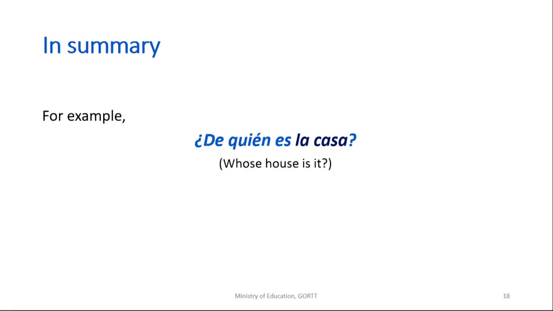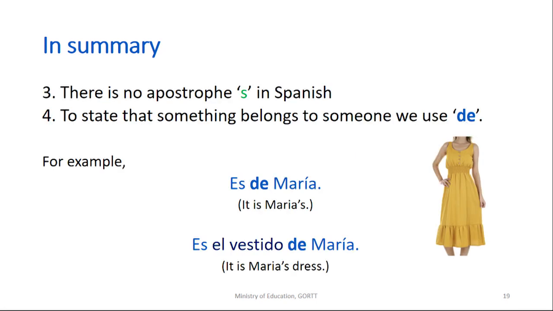So, for example, whose house is it? ¿De quién es la casa? Very important, and we must remember this. There is no apostrophe S in Spanish. We learned also that to state that something belongs to someone, we use the word de. So, for example, it is Maria's, es de María. It is Maria's dress, es el vestido de María.